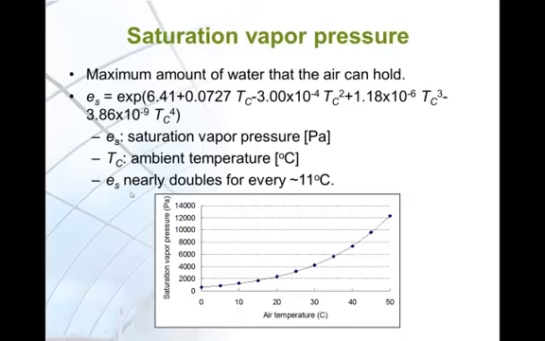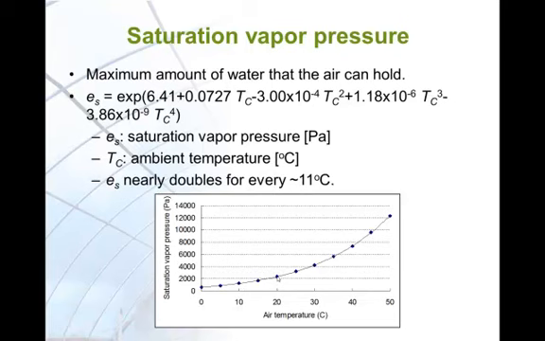And the increase nearly double for every 11 degrees C or so. So as you can see, 10 degrees C, the saturation water vapor pressure is a little bit above 1000 Pascal or 1 kilopascal. But when it is 20 degrees C, it is above 2 kilopascal or 2000 Pascal.